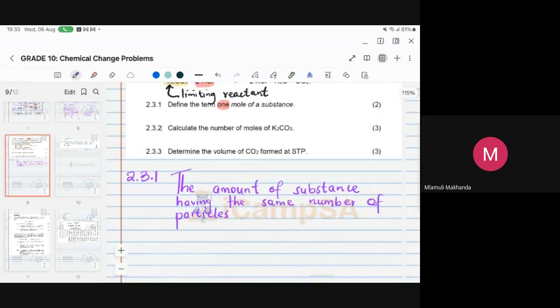That actually helps. Okay, so the amount of substance having the same number of particles as there are atoms in about 12 grams of carbon. That's what it is, 12 grams of carbon.